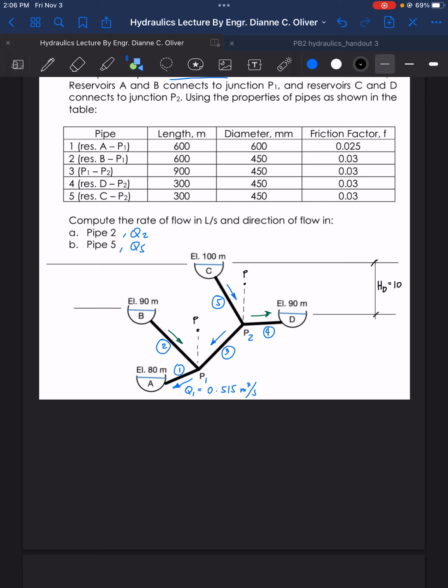For HB here, HB is also equal to 10. For HA, this is our HA. That is 100 minus 80, so that is 20. So HA is equal to 20.